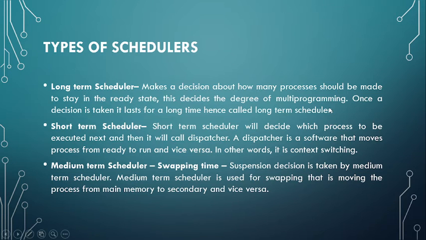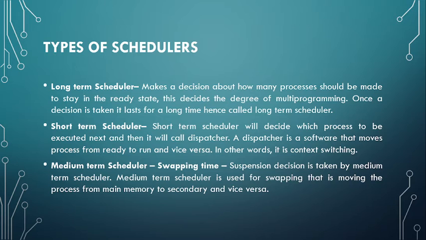The number of processes in the memory is known as multiprogramming. So, the degree of multiprogramming is the number of processes in the memory. If I say 5 processes in the memory, then the degree of multiprogramming is 5. Once a decision is taken, it lasts for a long time, hence it is called the long term scheduler.